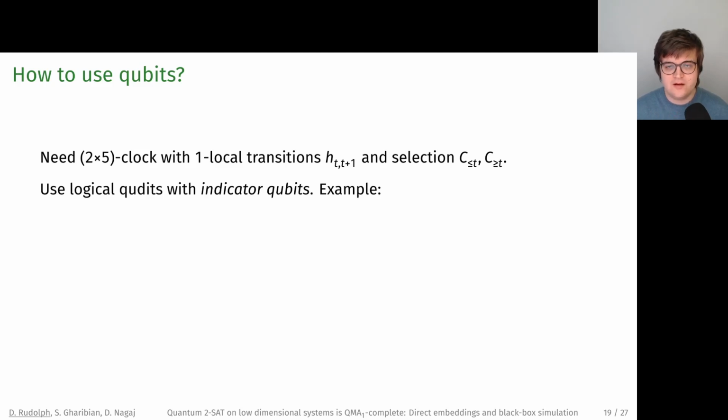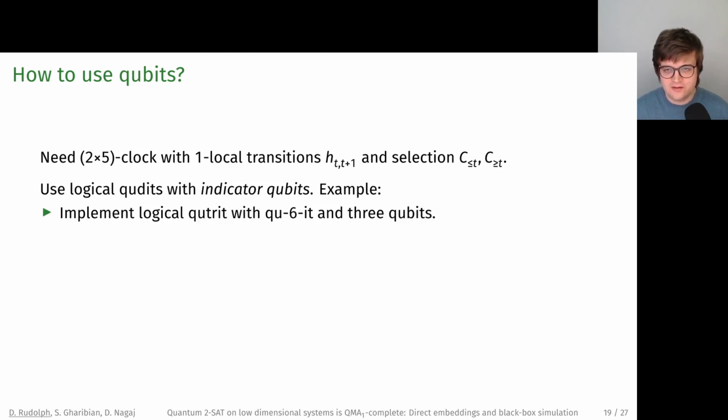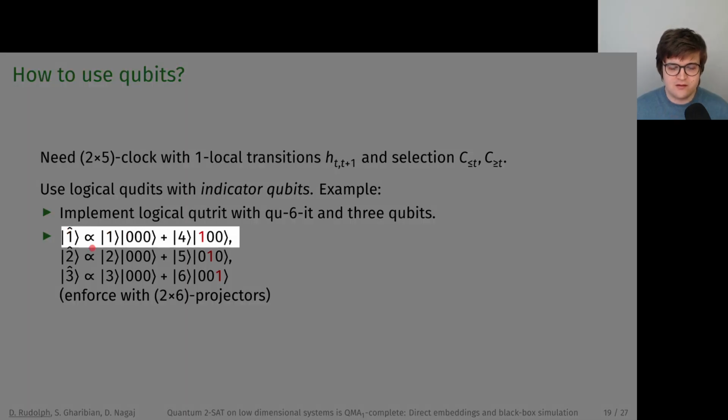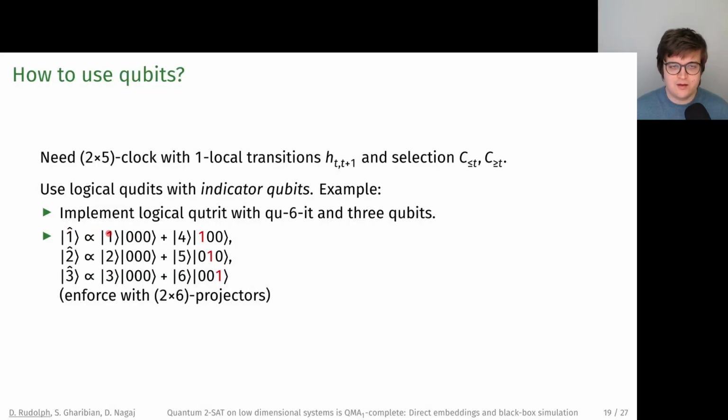The very basic idea is to use logical qubits with indicator qubits. For example, we can implement a logical qubit on a qu6it and 3 qubits. So for example, we have a logical 1, which is the superposition of these two states. We have a 1 here, and then only zeros. And on the 4, we get 1, 0, 0.